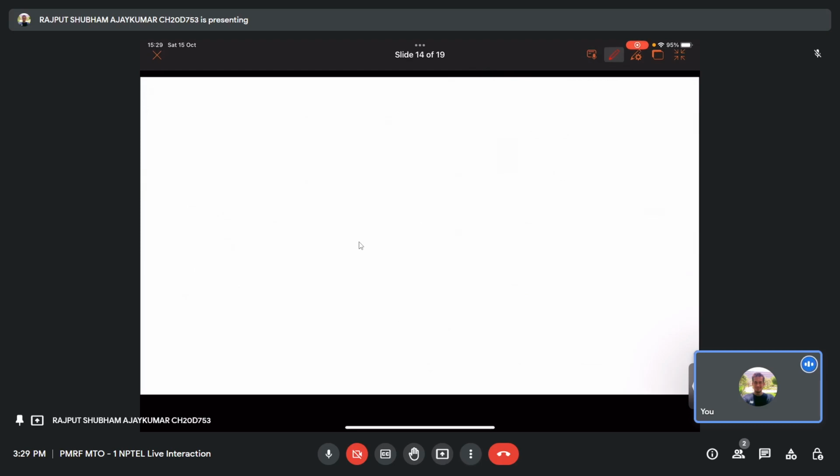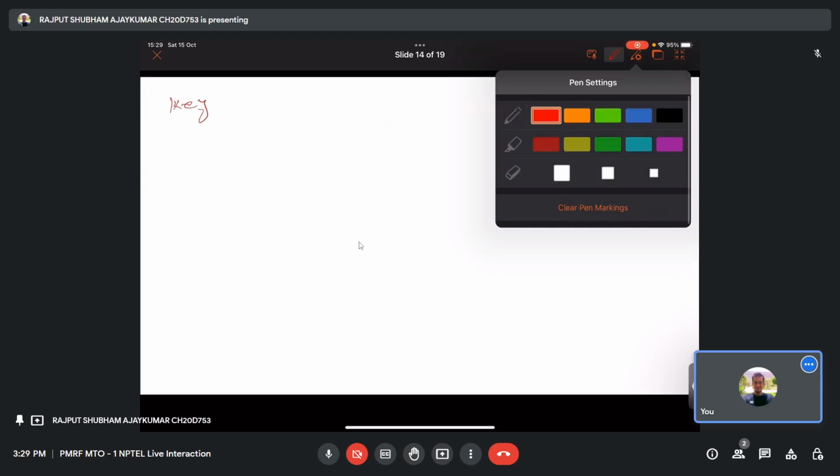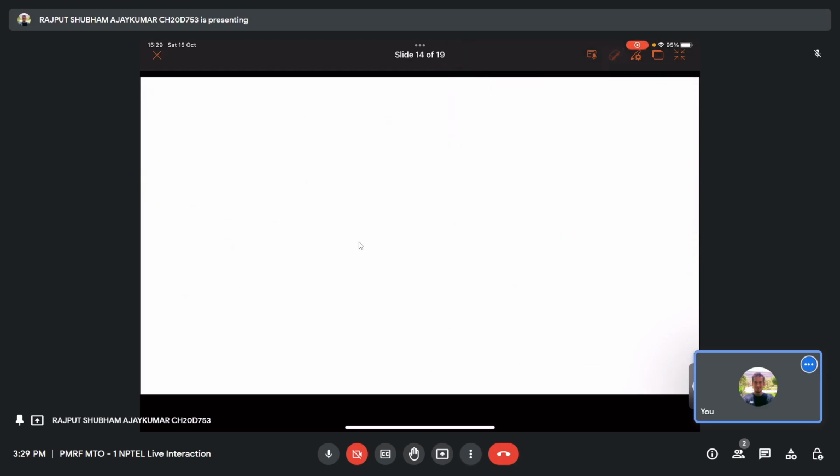We'll write the key components. We'll write the compound. Then we'll write the feed mole fraction.